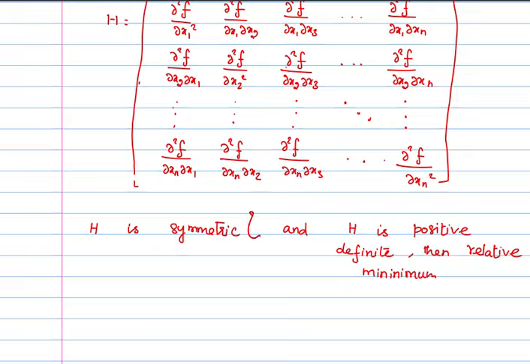So H being symmetric is compulsory, and H positive definite means a relative minimum. If H is symmetric and H is negative definite, then it is a relative maximum.